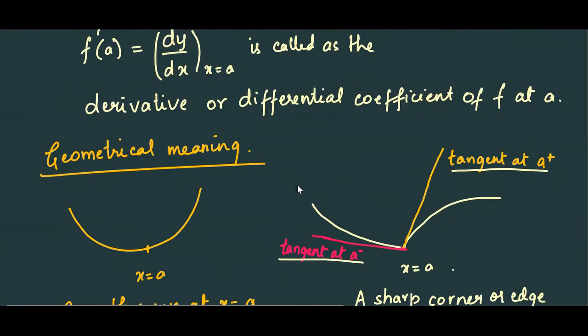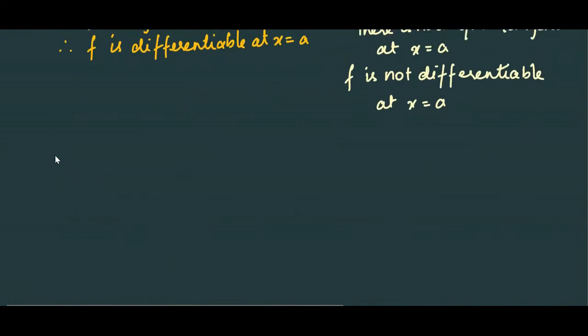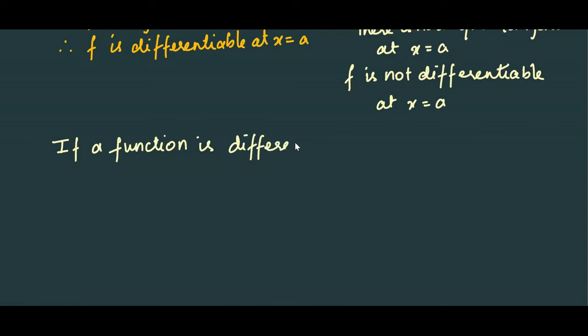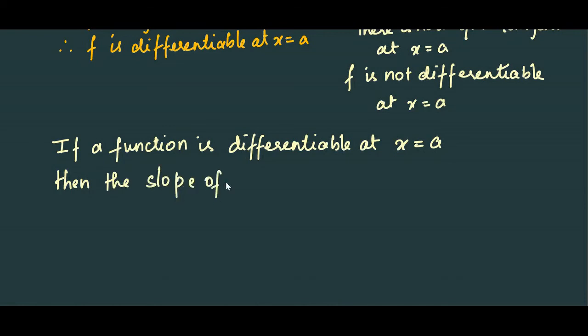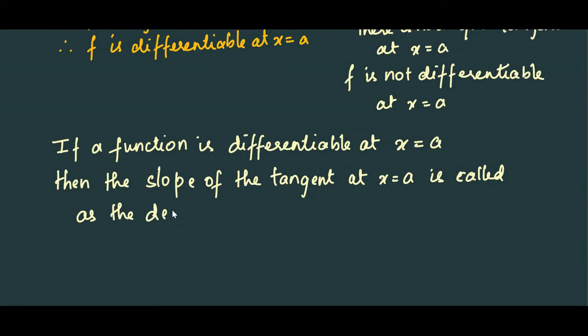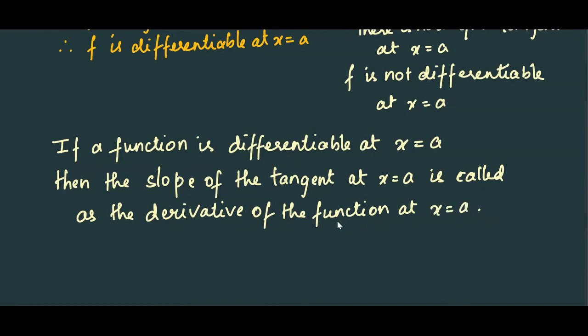So this is the geometrical meaning of derivatives. And if a function is differentiable at x equal to A, then the slope of the tangent at x equal to A is called the derivative of the function at x equal to A. The derivative of a function is nothing but the slope of the tangent at that point.